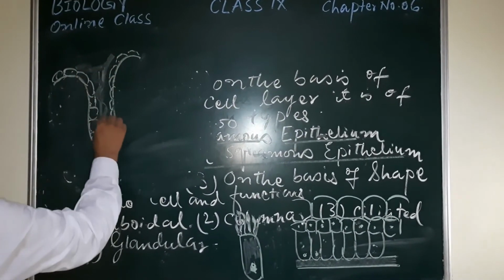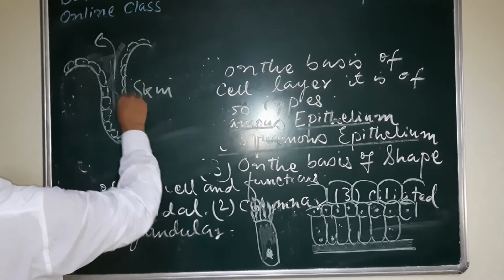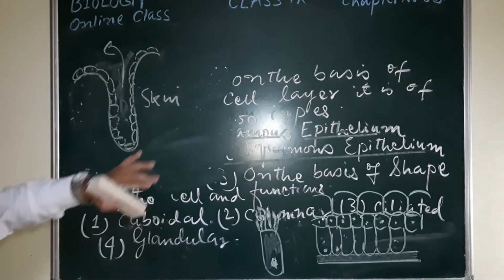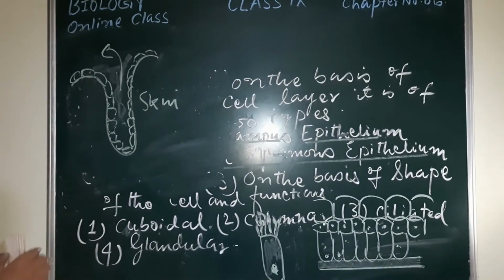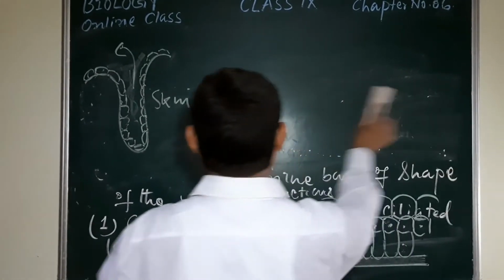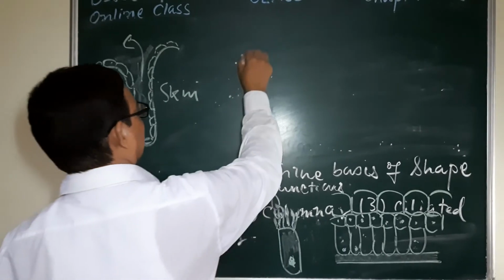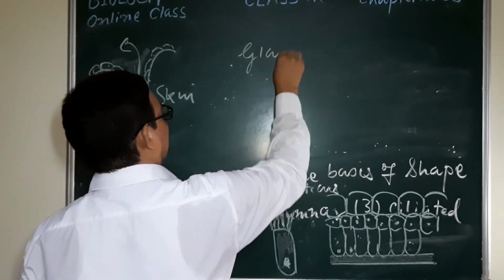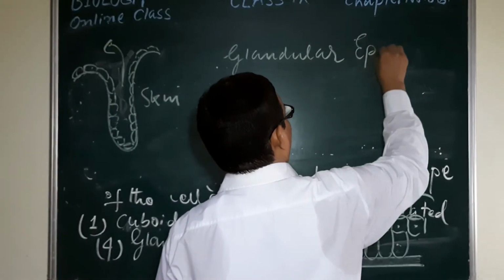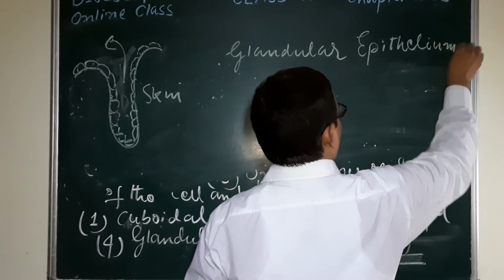This is the exocrine, where the chemical substance will be secreted. This is the skin layer. Here is the presence of exocrine glands, and they may secrete. Similarly, there are secretions from the exocrine. Let me tell you clearly, the glandular epithelium is a modified epithelium.